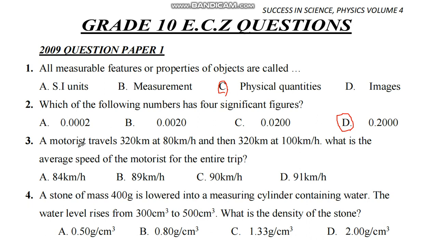The first trip, the motorist traveled 320 kilometers at 80 kilometers per hour. The average speed for the entire trip can be calculated using the formula: total distance traveled divided by total time taken.